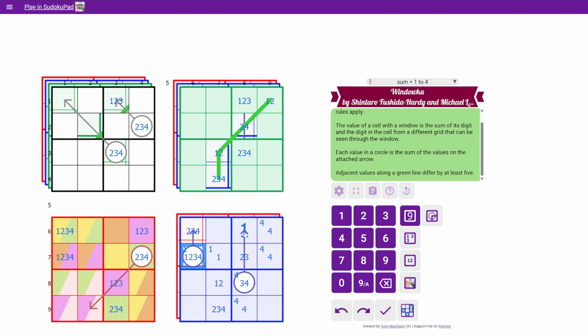Can we do anything with colors here? The 1 would go here, but with a 2 or a 3.